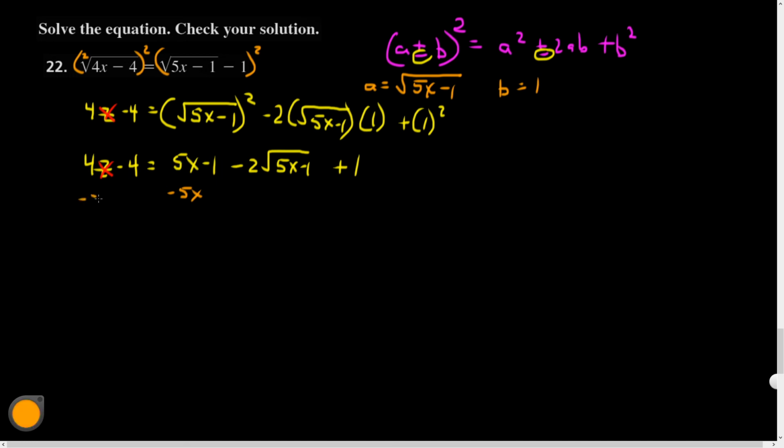All right, let's subtract 5x from both sides. Let's add 1 to both sides. Let's subtract 1 from both sides. Notice I'm just putting all of these under the common. You guys are good at those algebra steps, so let's just do all of it in one go. So 4x minus 5x is negative x. Negative 4 plus 1 minus 1 is still going to be negative 4 equals negative 2 root 5x minus 1.